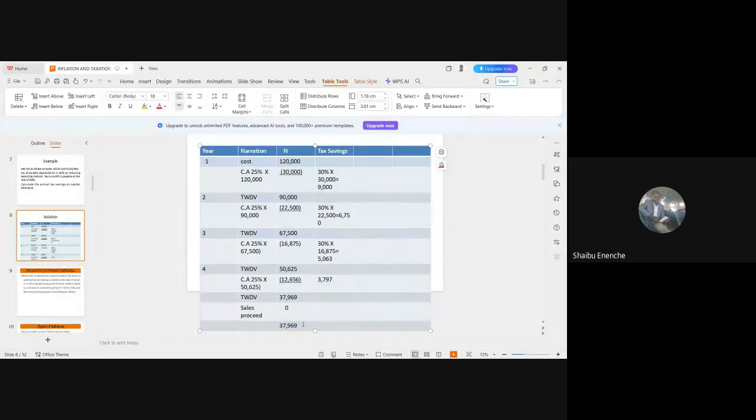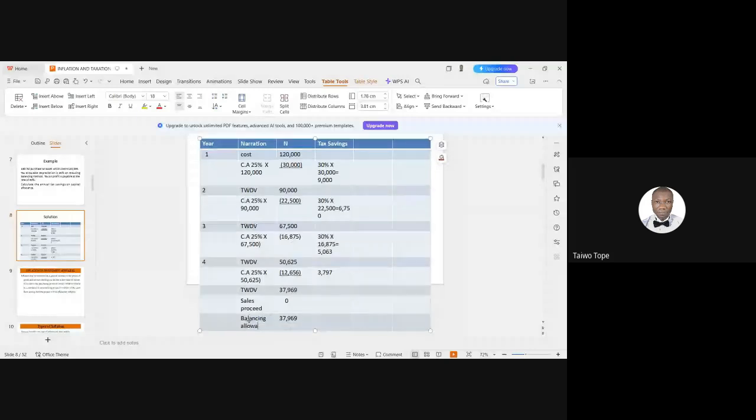So the tax written down value being greater than the sales proceed, you are going to have a result of what term? Balancing allowance. The balancing allowance will be 37,969. So what will be the tax savings on this value?